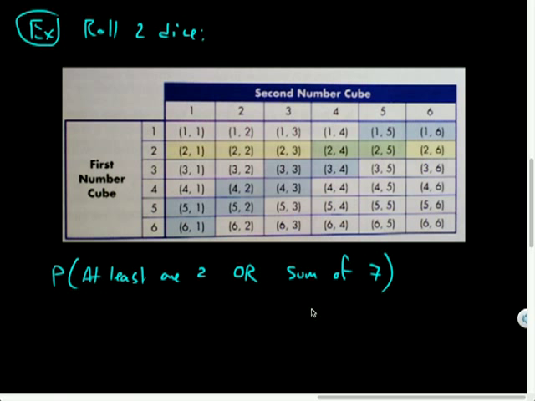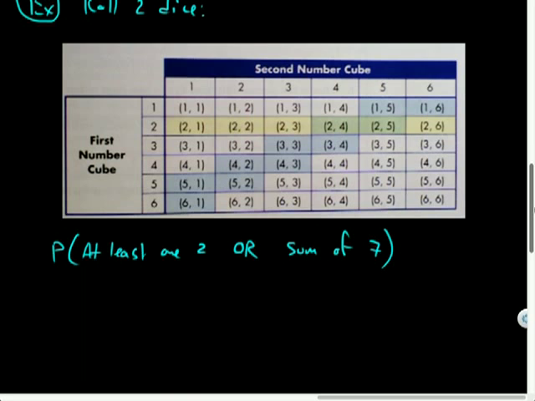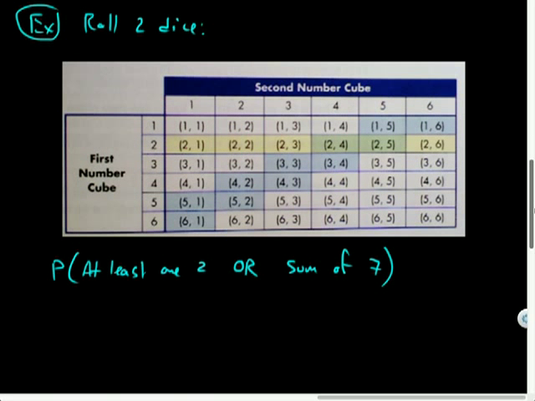Not quite the situation they have there, but that's fine. So my question is, are these events inclusive or are they mutually exclusive of one another? Inclusive. How do you know they're inclusive? Because 2, 5 is a situation that adds to 7 and has a 2 in it.